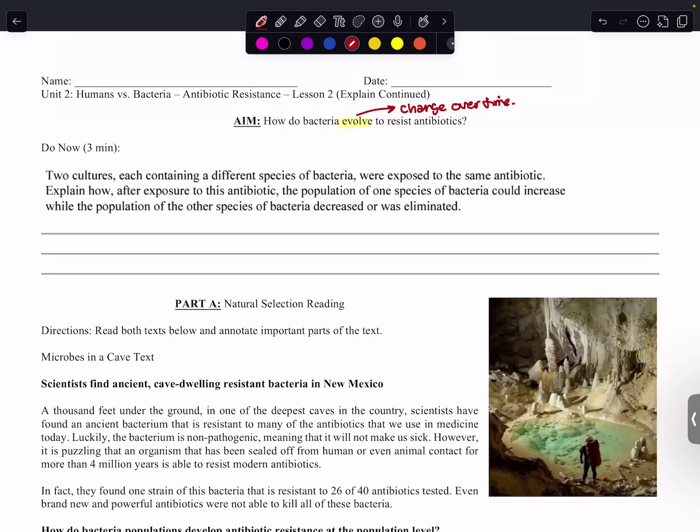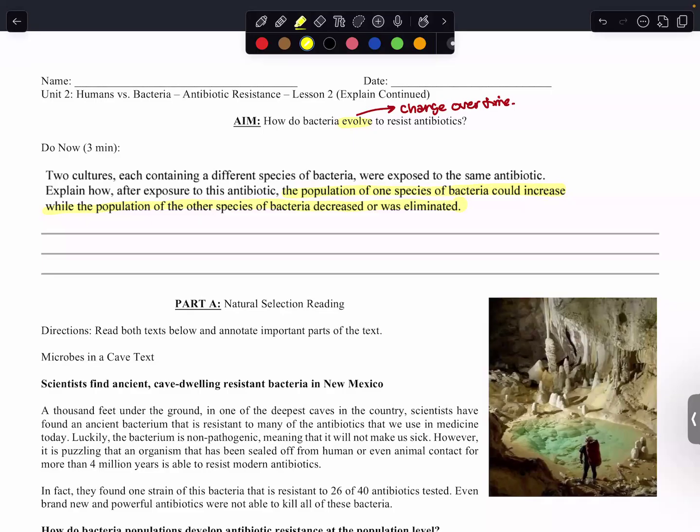Now, our unit goal says two cultures, each containing a different species of bacteria, were exposed to the same antibiotic. Explain how, after exposure to this antibiotic, the population of one species of bacteria could increase while the population of the other species of bacteria decreased or was eliminated.